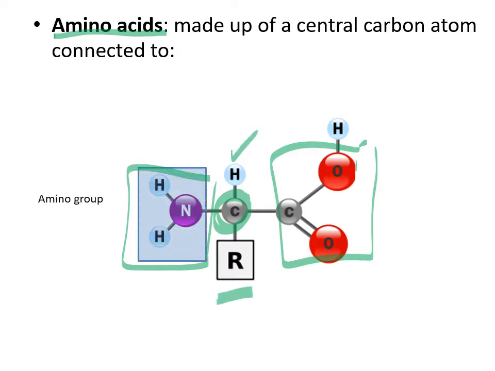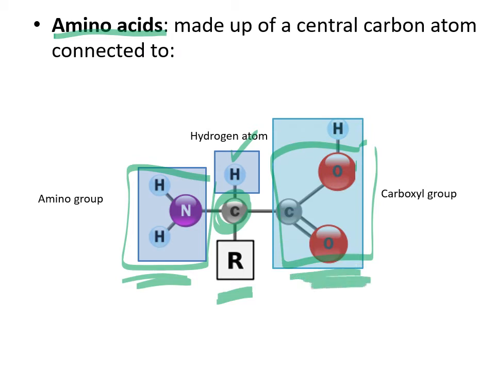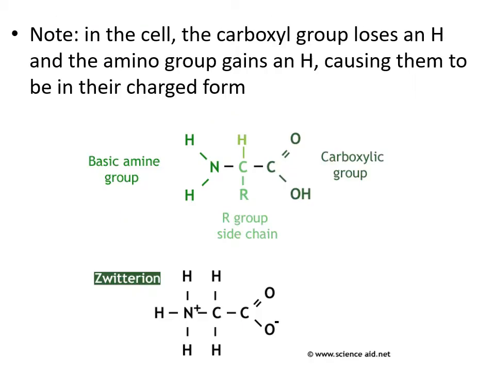So you'll recognize the functional group on the left here as the amino functional group, the one on the right as the carboxyl functional group, plain old hydrogen also attached to this central carbon, and then importantly there is this R group, and R is not a functional group nor is it an element. This R represents something that will be there depending on which amino acid you're dealing with. So change out this R group, one thing for another thing, and you end up with different amino acids. So we call this the side chain for the amino acid.